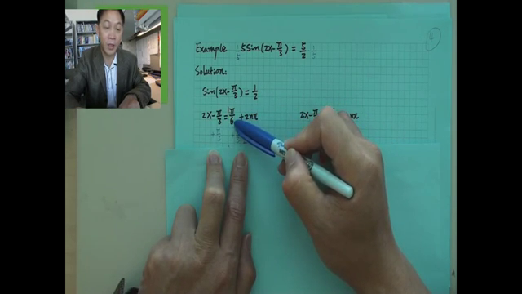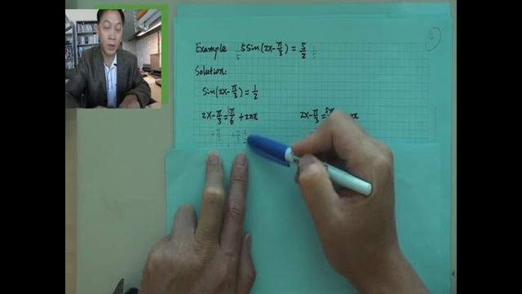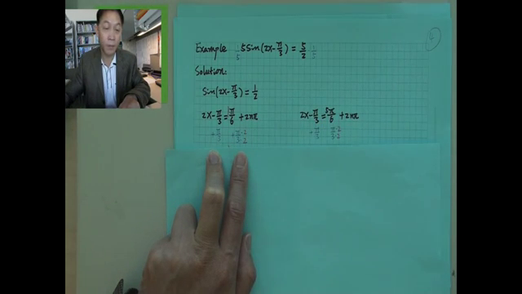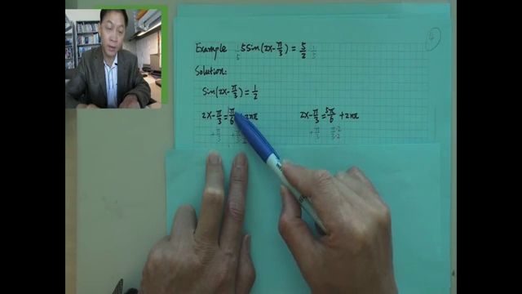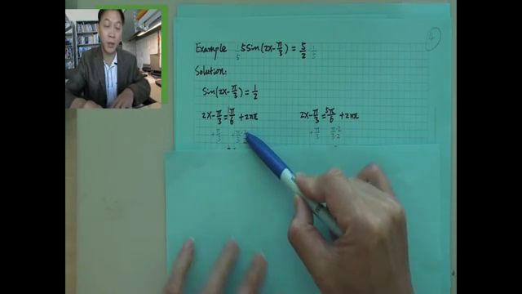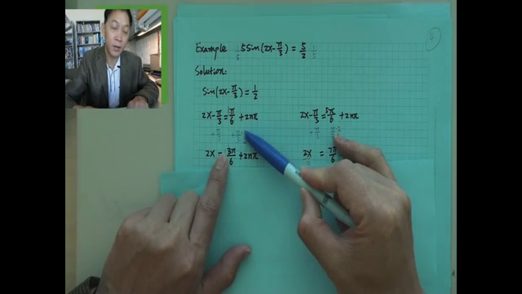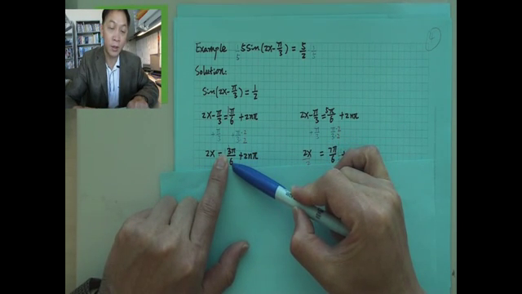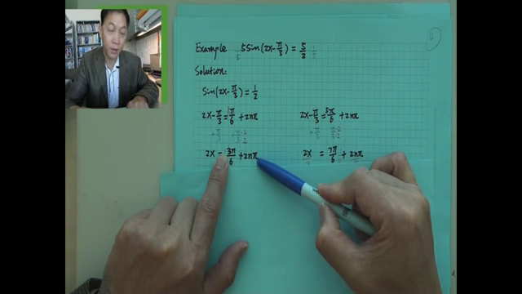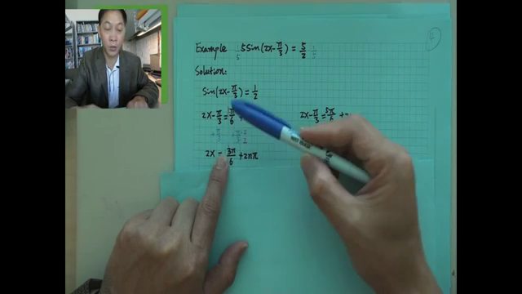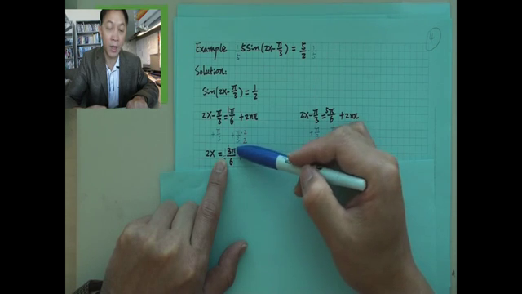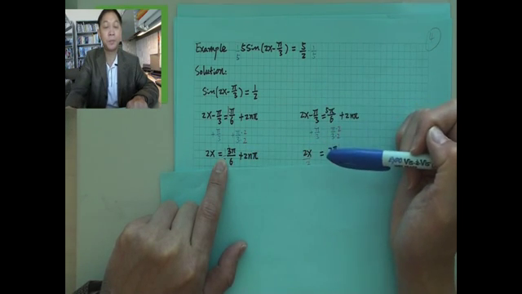Here is 6 denominator, so multiply by 2 on both numerator and denominator, and you will have 2, and here there is 1 in front of π. So you have 1 plus 2 is 3, 3π/6, and then you have 2nπ. On the left hand side, π/3 cancel each other, so you have 2x equals this quantity, 3π/6 plus 2nπ.